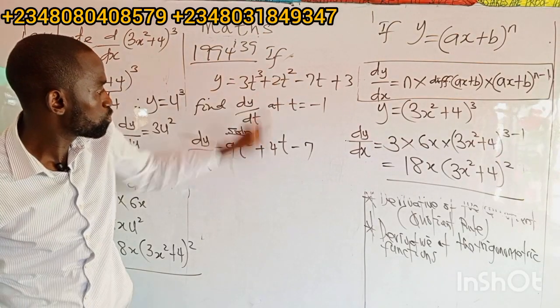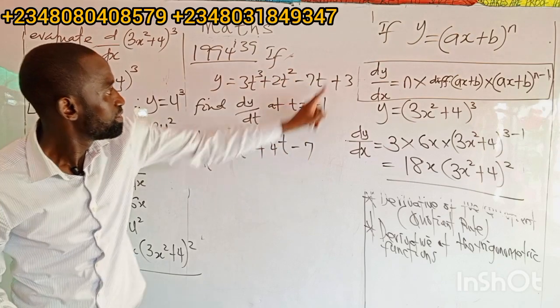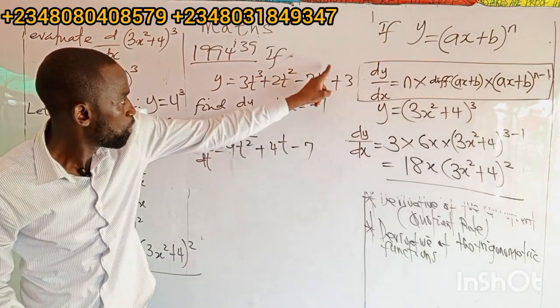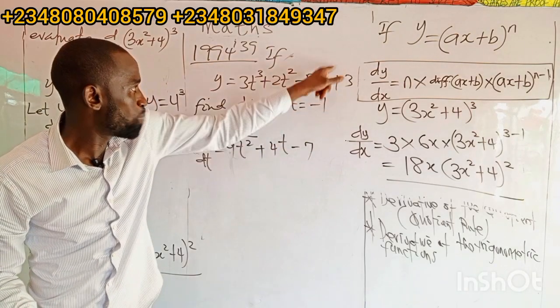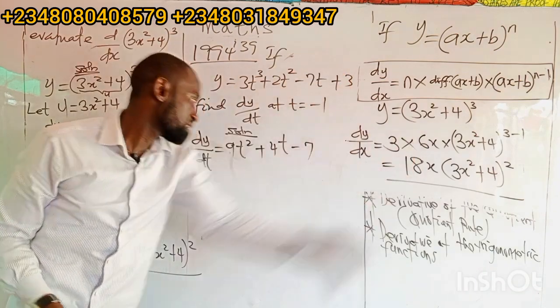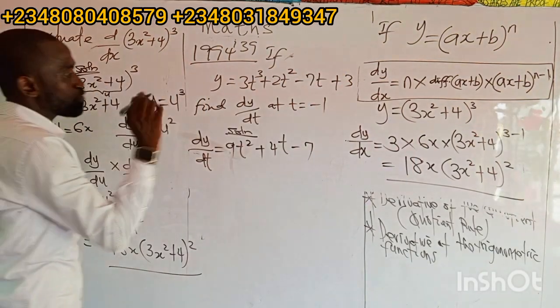Then plus 2 times 2, which is 4, t raised to 2 minus 1, which is 1. Then minus 7 times t raised to 1 minus 1, which is 0, so t to the power 0 is 1. The constant 3 becomes 0.